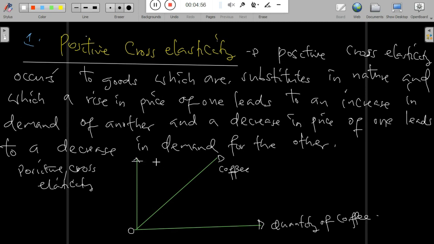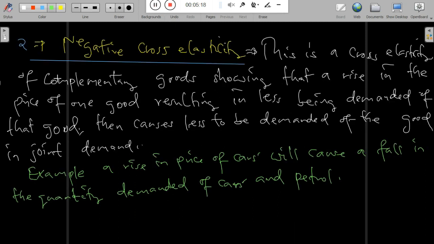We have also another type of cross elasticity of demand, that is negative cross elasticity of demand. Under negative cross elasticity of demand, this is the cross elasticity of complementary goods, showing that a rise in the price of one good results in less being demanded of that good, which then causes less to be demanded of the other good in joint demand.